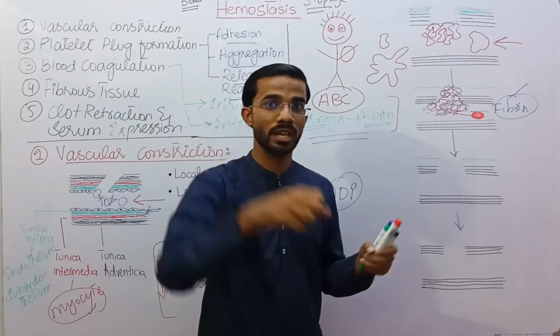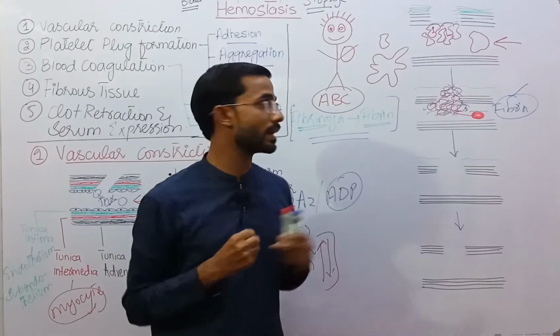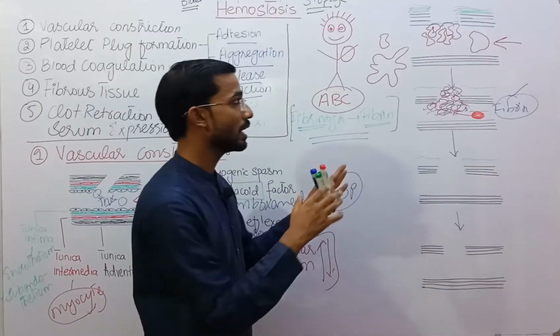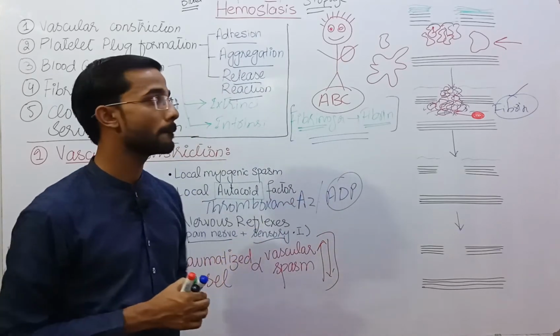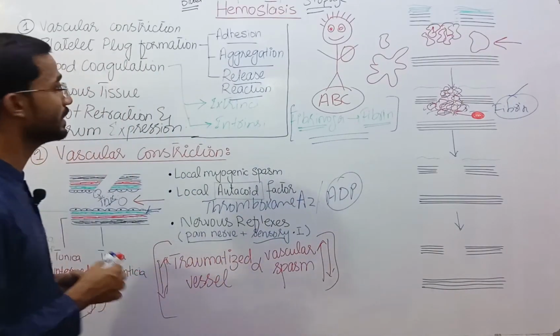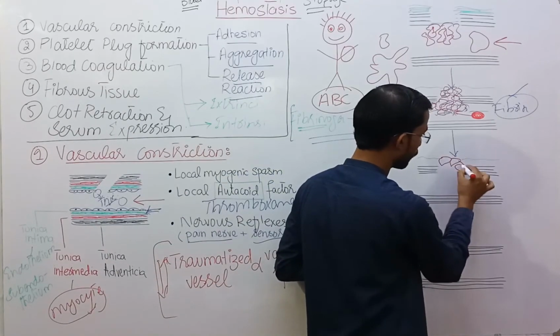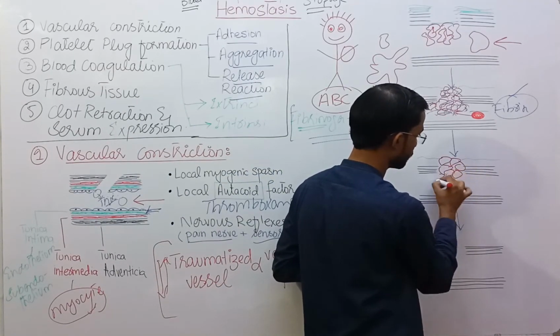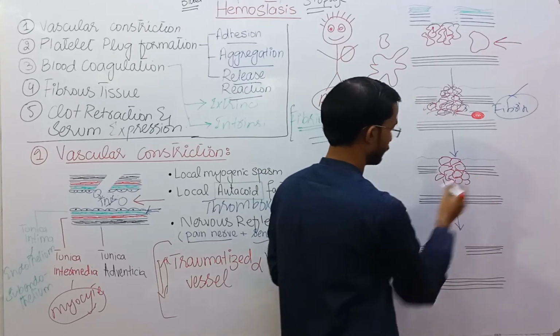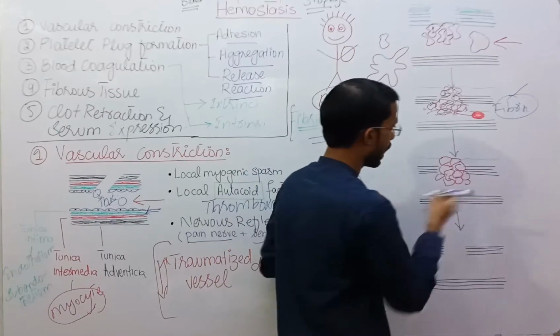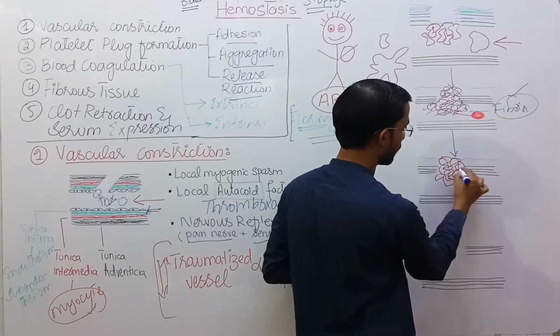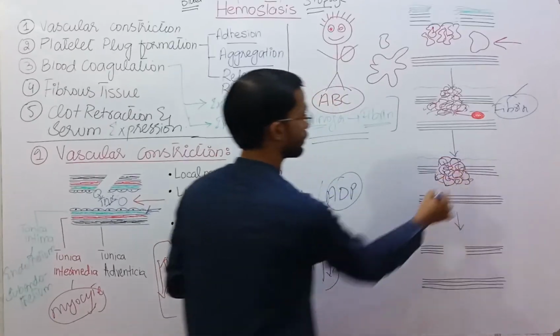They enmesh, they capture other red blood cells to themselves, and there is a formation of the clot. Then as you see, this clot formation occurs, and also fibrin is enmeshed in them, right?